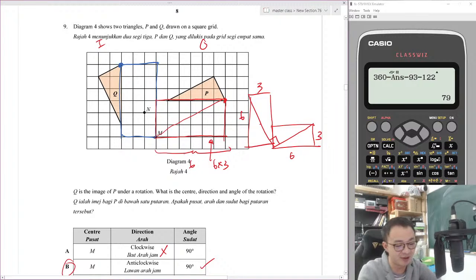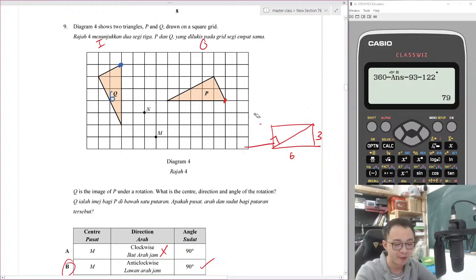Of course, if I choose a point nearer to the center, then it will be smaller. So you can see this is 3, here will be 6. So 2, 4, 6, right? So I cut it into half. Then here will be 90 degrees.